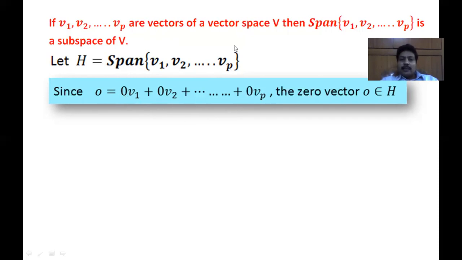So it is in the span of v1, v2, vp. So zero vector belongs to H, the span of v1, v2 and so on.